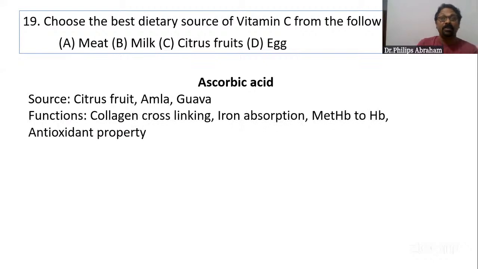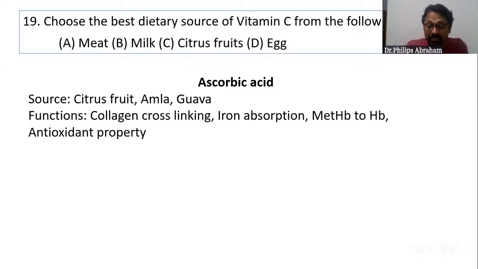And then functions, the most important one, vitamin C for collagen. Understand it like that, collagen cross-linking. That's the main reason for most of our functions. It also helps in iron absorption and conversion of methemoglobin to hemoglobin. For the conversion of methemoglobin to hemoglobin, you need 3 compounds.